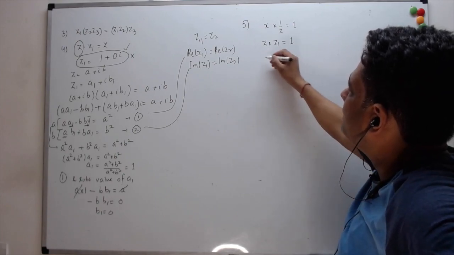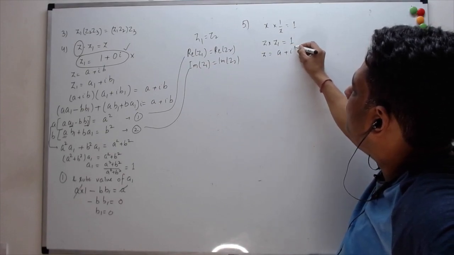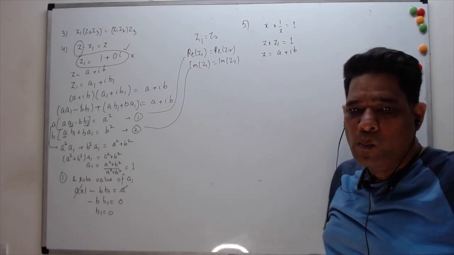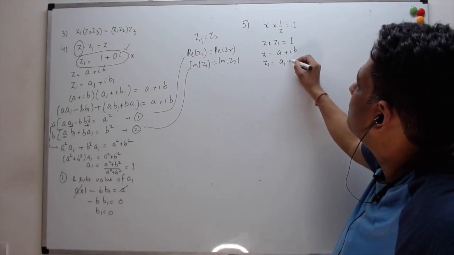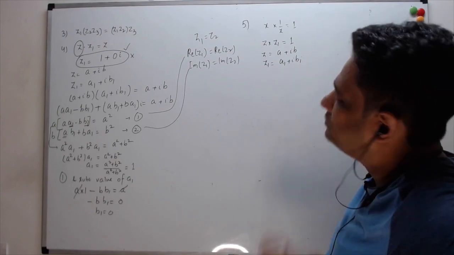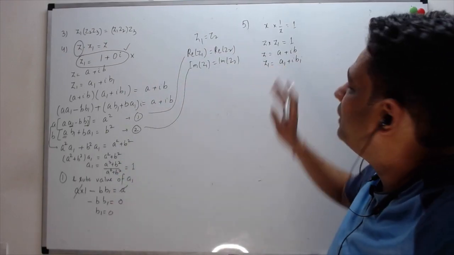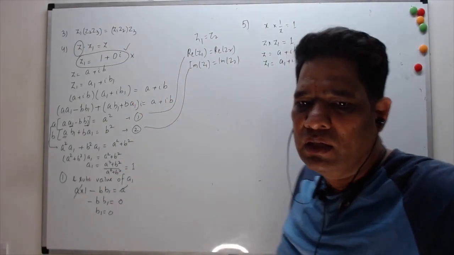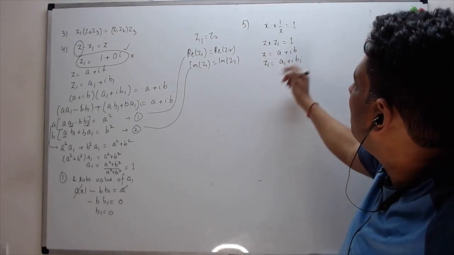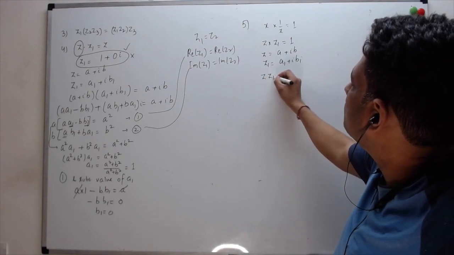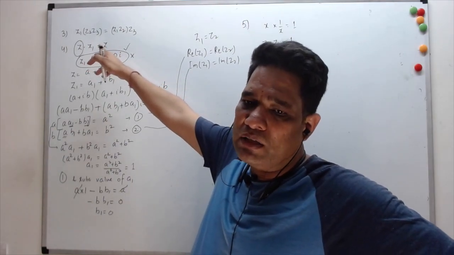What happens in such a case is that, let's say z is your number, again we can take a plus i times b. And z1 is another number, a1 plus i times b1. Now the whole point is to find the value of a1 and b1 much like the way we have done it in this case. It's just that maybe the process might be a little different. So still what I would do is z times z1 should give me a value 1, which in this case was z times z1 giving you a value z.